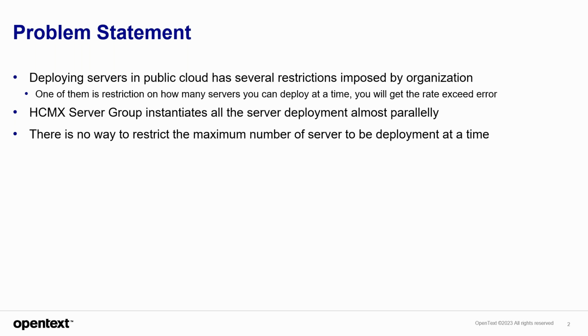For example, if in your organization you set 10, HCMX can go and request 20 at a time. It may not be asking 100 in one go, but certainly there is a possibility of 20 at a time. And that's when you run into errors, a rate exceeded error, which you get from AWS or any other public cloud, where they deny some requests saying it is exceeding the allotted rate at which you can create the servers. And in the DND as such, there is no way to restrict that.